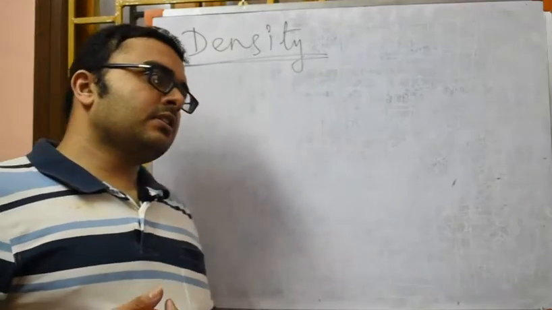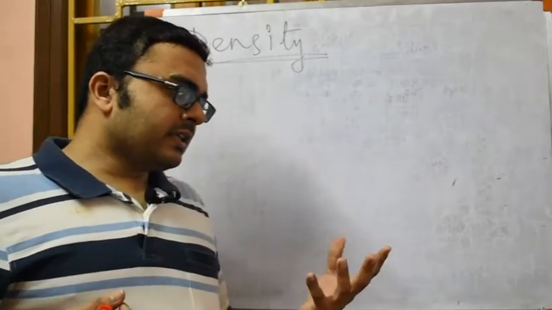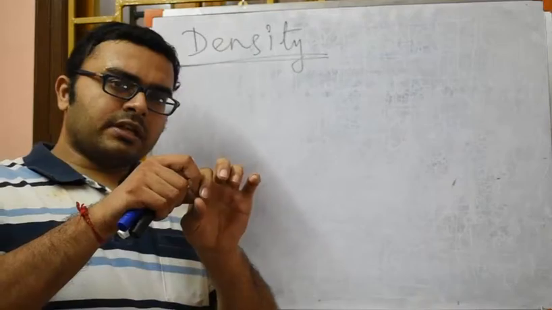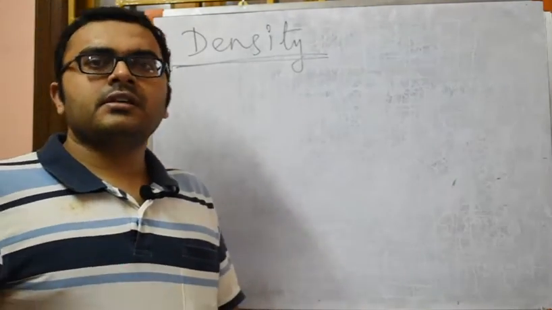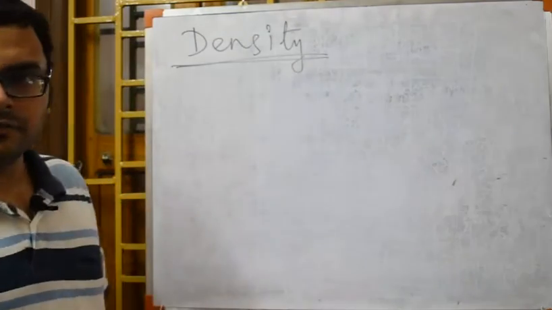If I consider another, say a large cube, or a rod, like you have seen rods that are used in construction of houses, that are also made up of iron, but it has a different mass and different volume.